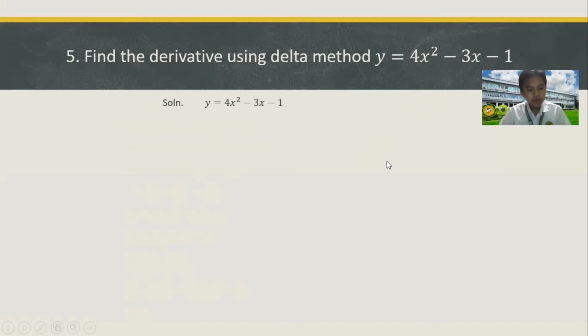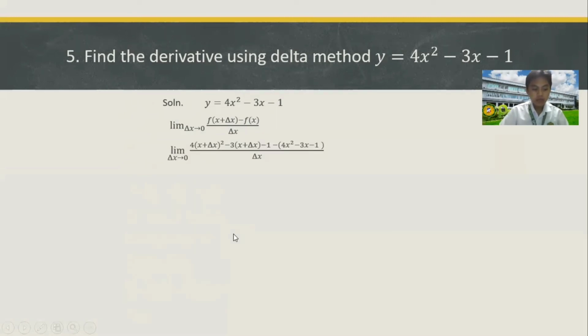Our formula to derive using delta method is the limit as delta x approaches 0 of f of x plus delta x minus f of x over delta x. Our x is the quantity of x plus delta x depending on their power.